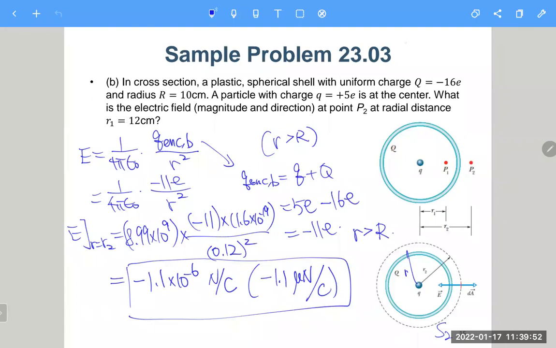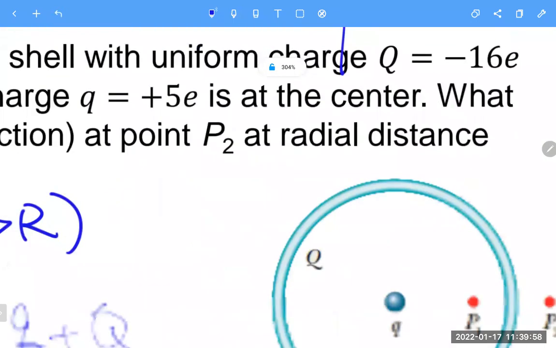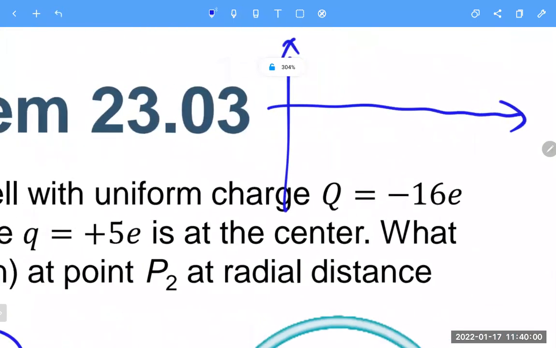Actually, if you would like to draw it out, the x-axis could be r, and then the y-axis is the magnitude of the E field, or maybe just the E field. It will be something like this.